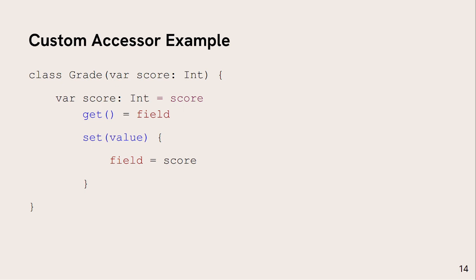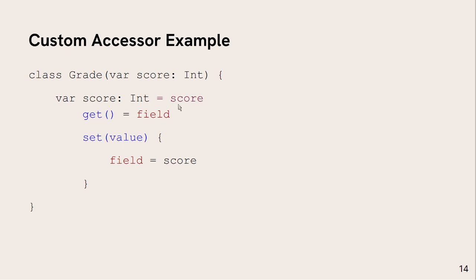However, if we would like to explicitly specify the getter and setter, here is the example where the property name is called score and it's an integer. It is initialized by the parameter called score.